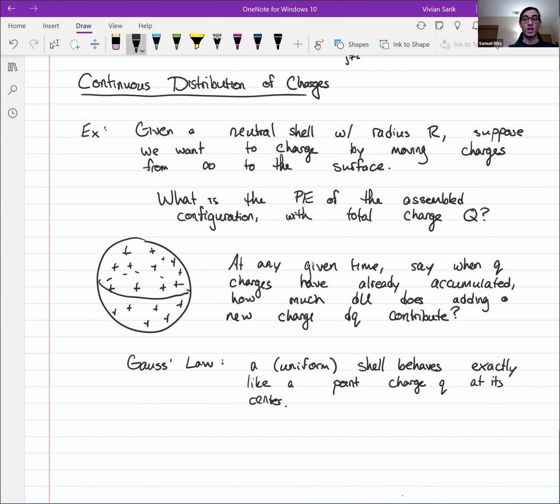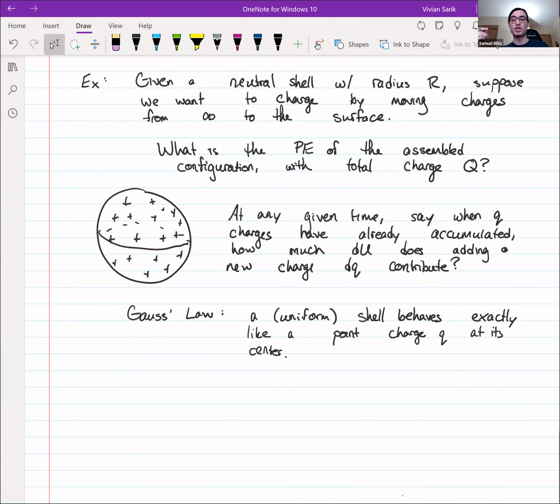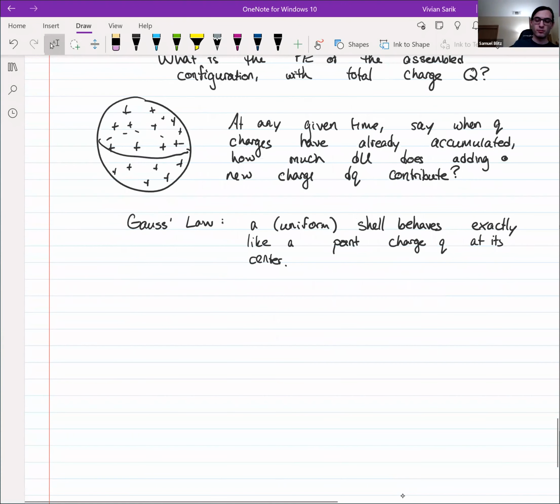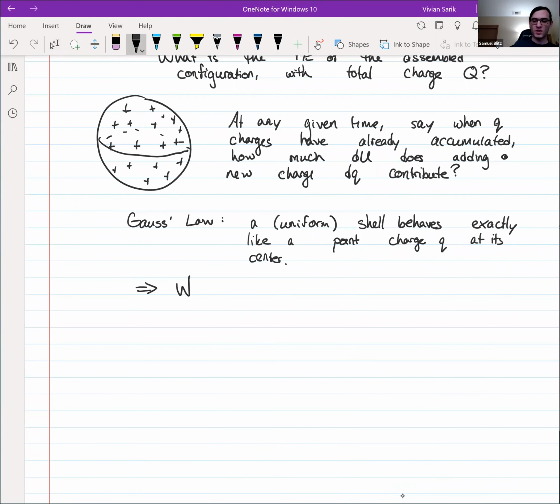And so basically, adding a new charge dq from infinity to, say, some radius capital R, I'm going to put a dW, so that's the amount of work that this infinitesimal amount of charge does, from infinity to capital R, because that's the radius of the sphere that we're trying to bring it to, would be like bringing a point charge from infinity to a distance R. That's what we're trying to do.